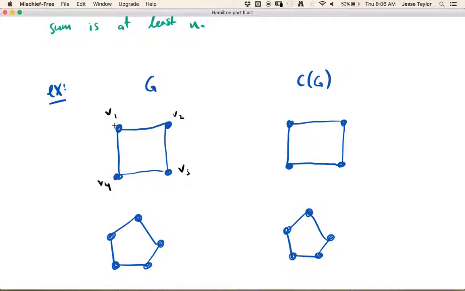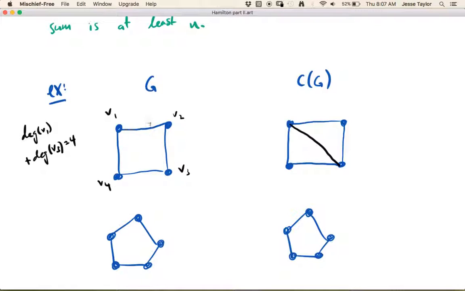So the degree of V1 is 2, the degree of V3 is 2, and 2 plus 2 is at least 4, the order of the graph, so that means that I should add this edge, right? Because the degree of V1 plus the degree of V3 equals 4, which is at least the order of the graph, right?